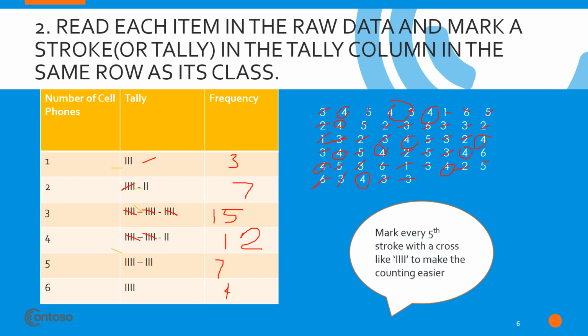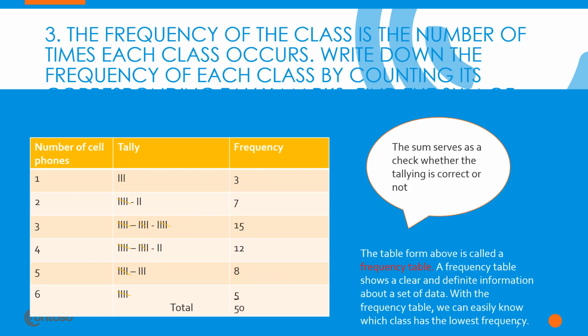Mark every fifth stroke with a slash to make it easier. So here are the frequencies: 3, 7, 15, 12, 8, 5. Okay, so we are correct. And this is the table. We have a total of 50 cell phones, for each 5 or 6 families.